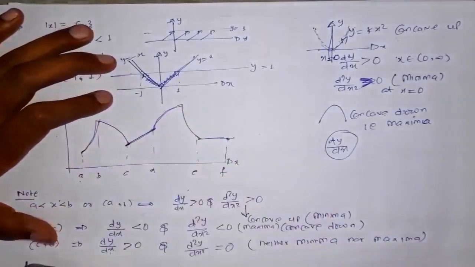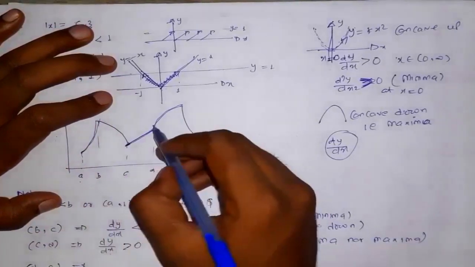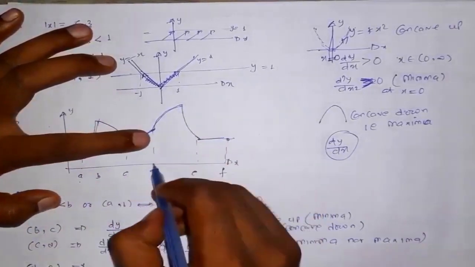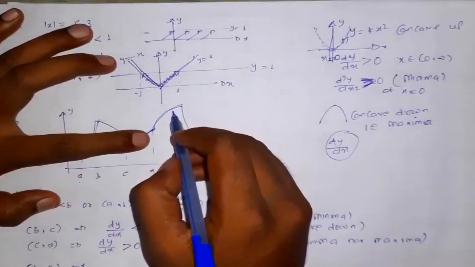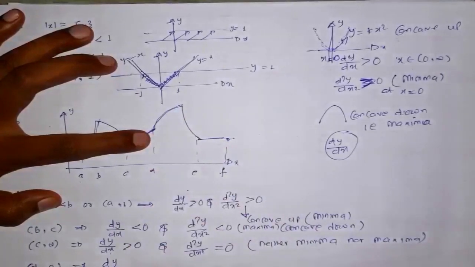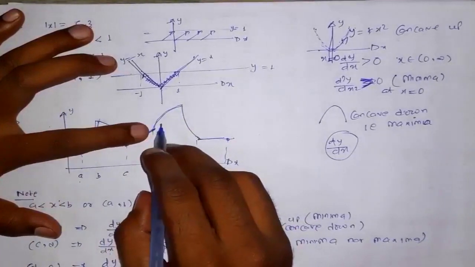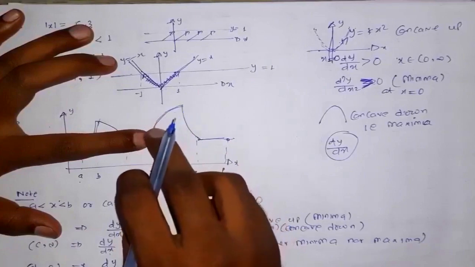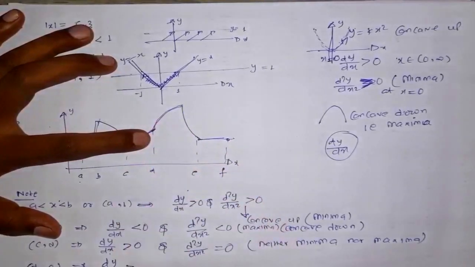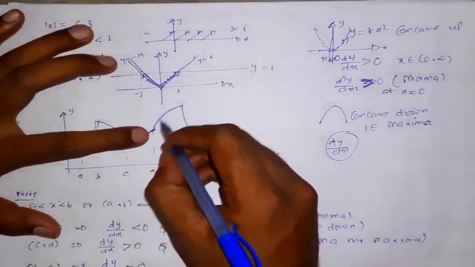For this portion, d to e, here again, if we are increasing the values of x like this, the values of y are also increasing. Okay. So we can't say by observing the graph whether the slope is decreasing or increasing, but we can strictly say that dy by dx will always be positive for the increasing function, because this portion is an increasing function.